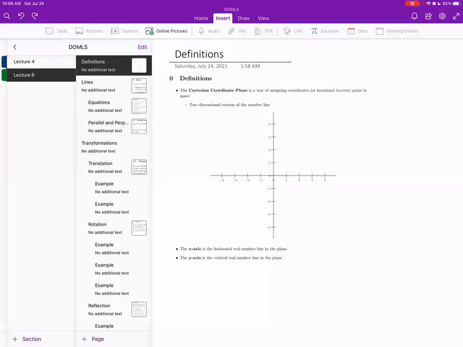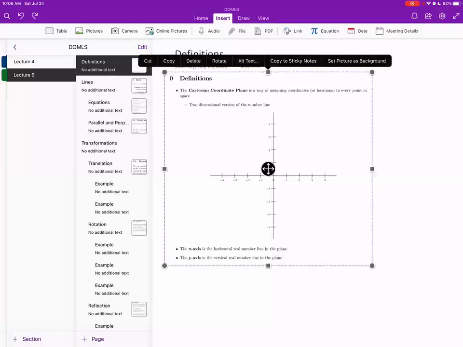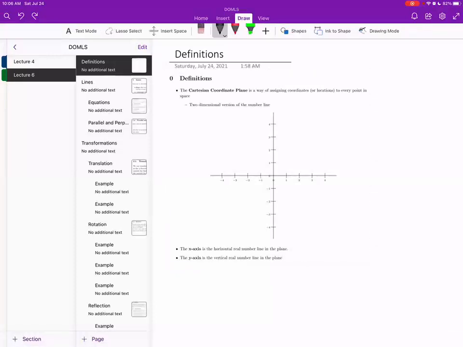So let's look at how this works. Let's say we have a point here on this plane. If we want to figure out where this point is, we assign it a coordinate.